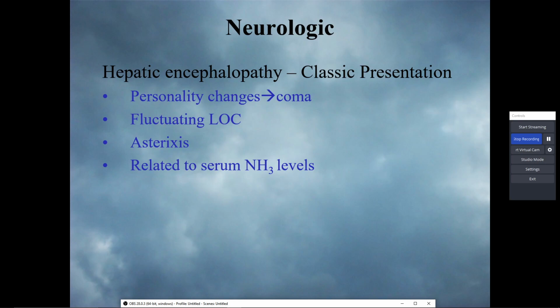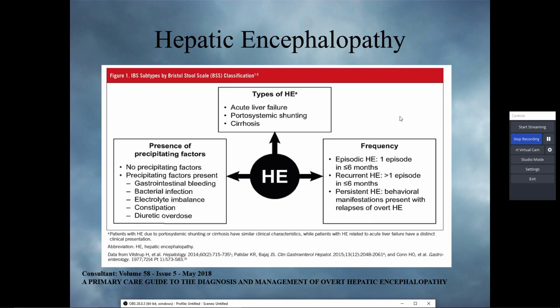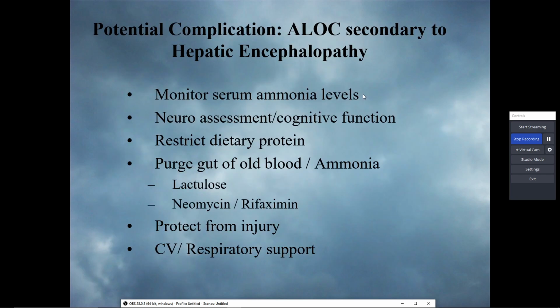We get asterixis, and asterixis is that flapping of the hands. You can look that up, it's kind of interesting. And then we can look at the ammonia levels there as well. As the ammonia levels increase, we're going to have increased severity of neurological impairment. So, kind of something to really pay attention to. I'm going to keep going.